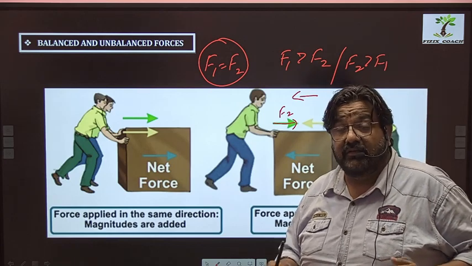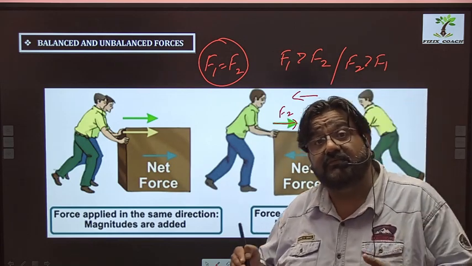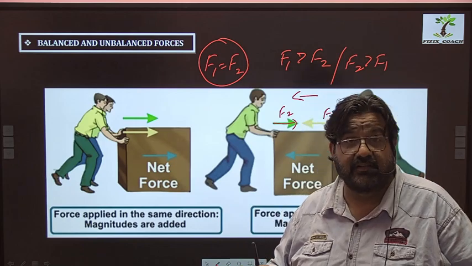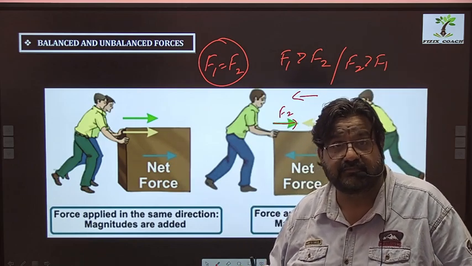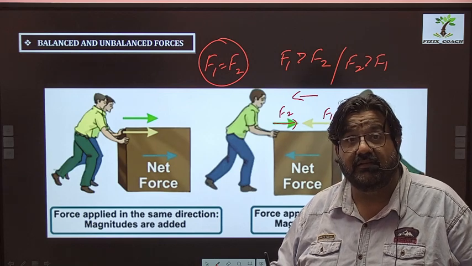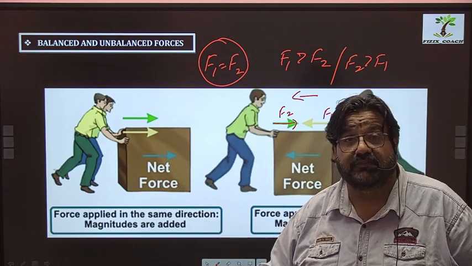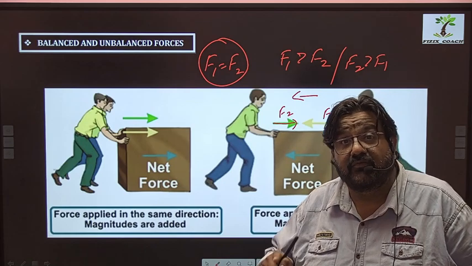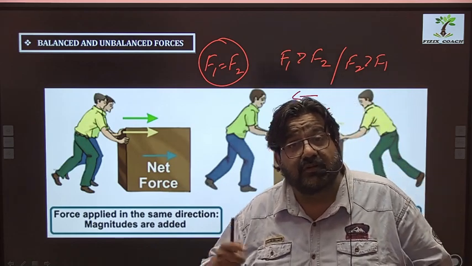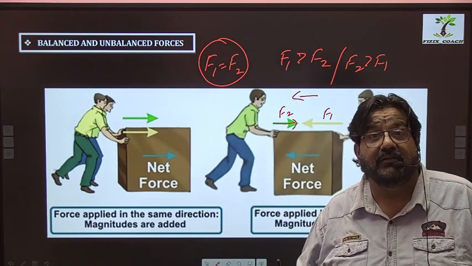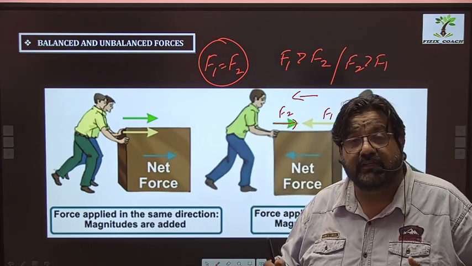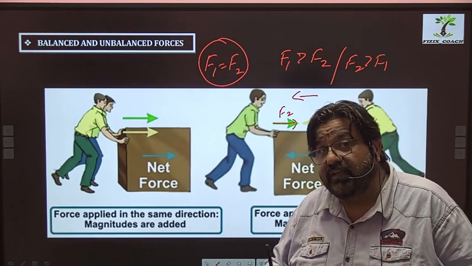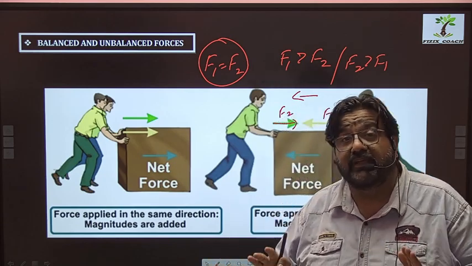But if an object is already moving with a uniform velocity, uniform speed, and some balanced force is applied on it, then there won't be any increase or decrease in the speed. Instead, the object will keep moving with the same uniform speed. There won't be any change.